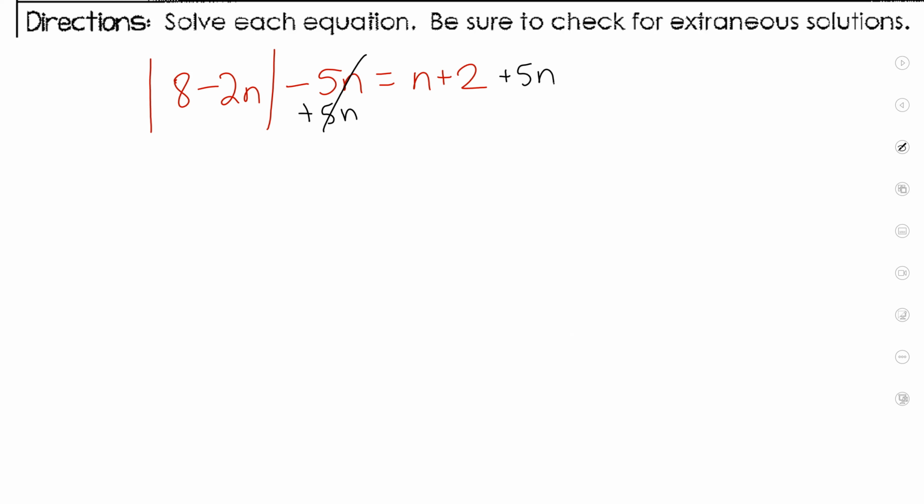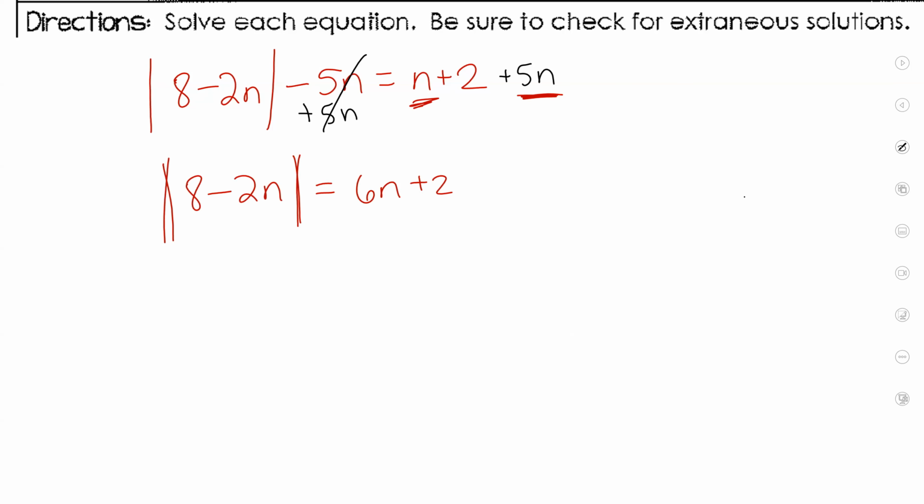So what I have is absolute value 8 minus 2n equals, guys, what's n plus 5 more n's? Yeah, so this is 6n plus 2. Is my absolute value by itself? Perfect.